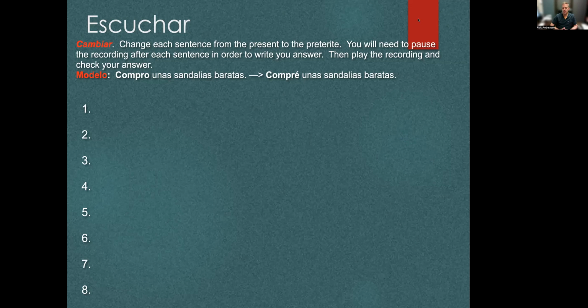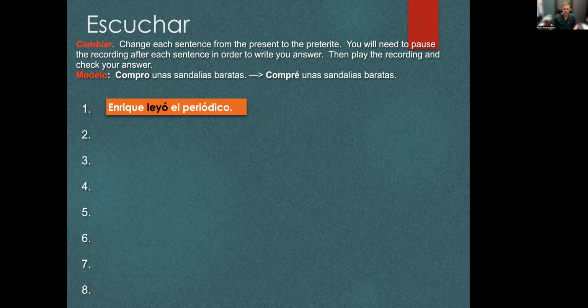2. Cambiar. Change each sentence from the present to the preterite. Repeat the correct answer after the speaker. Modelo. Compro unas sandalias baratas. Compré unas sandalias baratas. 1. Enrique lee el periódico. Enrique leyó el periódico. 2.